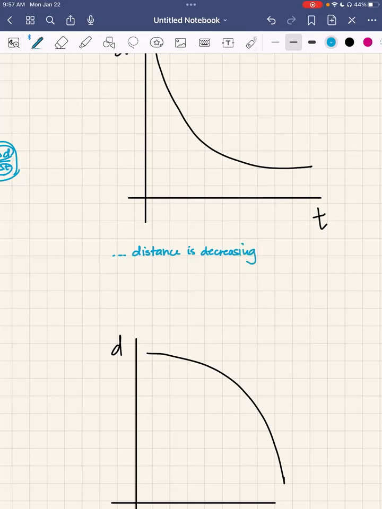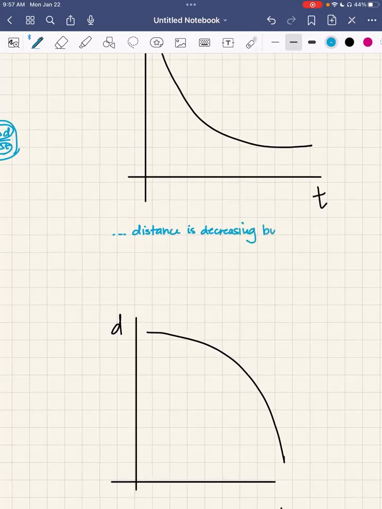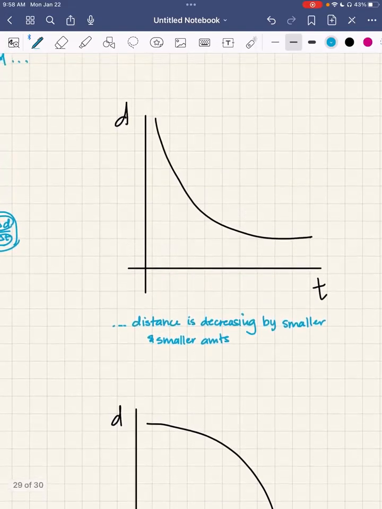And then what we would say here is it's decreasing by smaller and smaller amounts. And so this can get confusing for us because we hear the smaller and smaller. But we need to remember that when we see decreasing, that implies a negative sign on it. So that's the thing that we've got to be careful of.